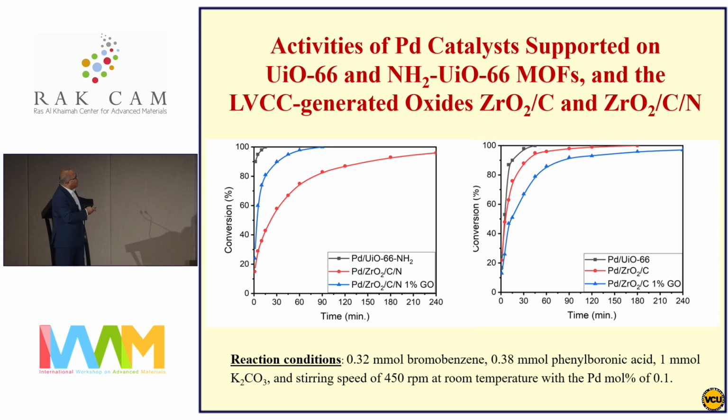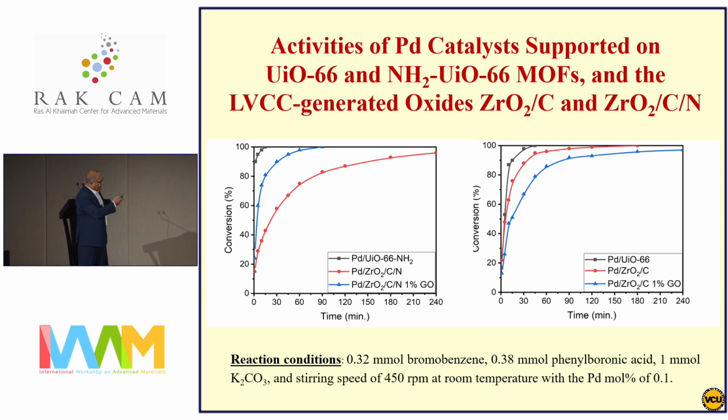But if we take this MOF, we convert it to oxide, which you can see the blue curve here. The red curve actually is the one that's palladium on the zirconium oxide after the laser vaporization, and that also includes carbon and nitrogen. Activity is lower because this is a heterogeneous catalyst now.